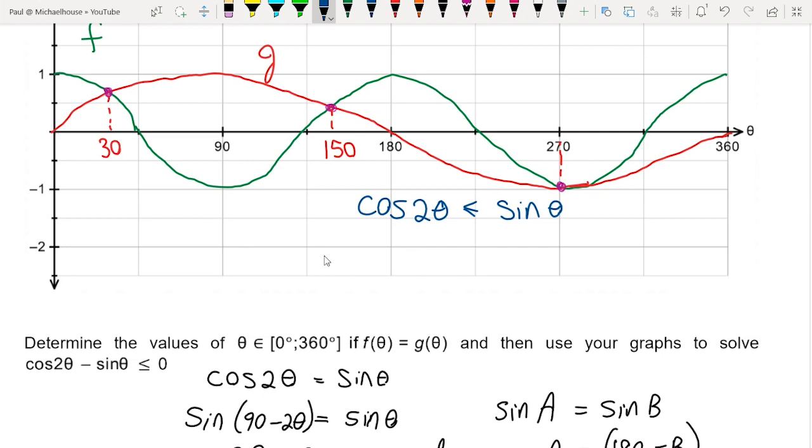It's below from 0 up to 30, including 30, or from 150 the whole way through to 360. It's below or equal to the green graph. So that's an interpretation question on graphs.